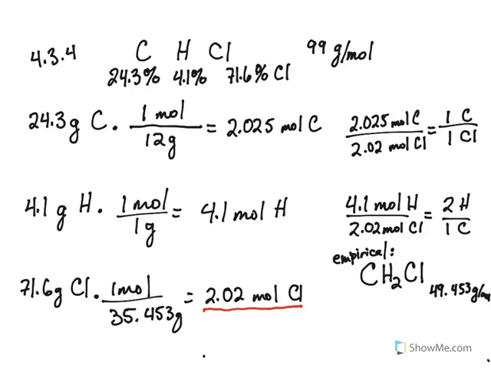When I divide 49.453 into 99 grams per mole, the molar mass of our actual compound, I find that it's twice as much of the empirical. Therefore, the molecular formula has to be twice the empirical formula.